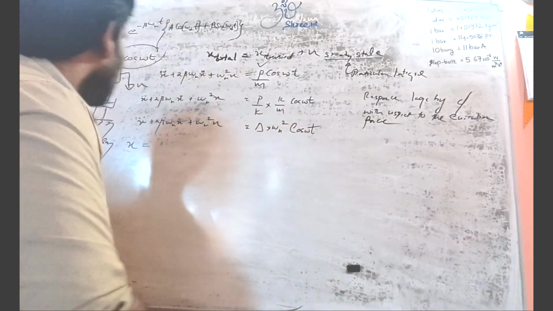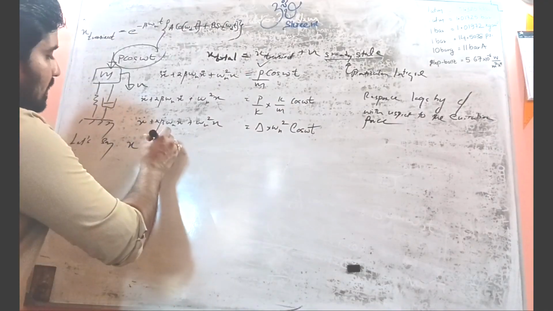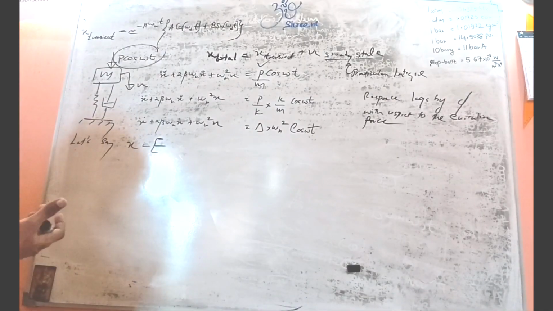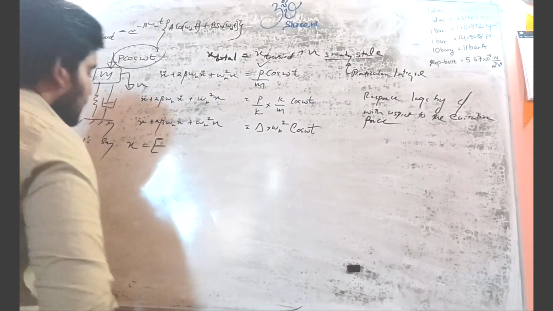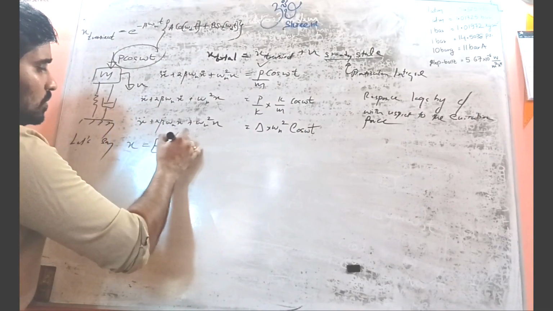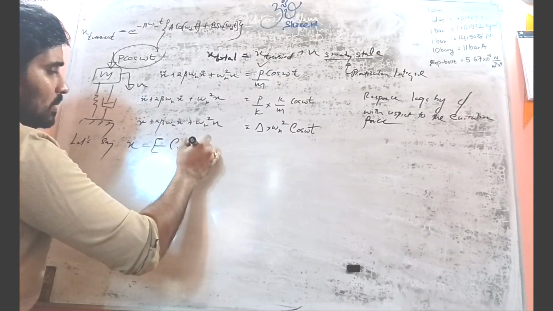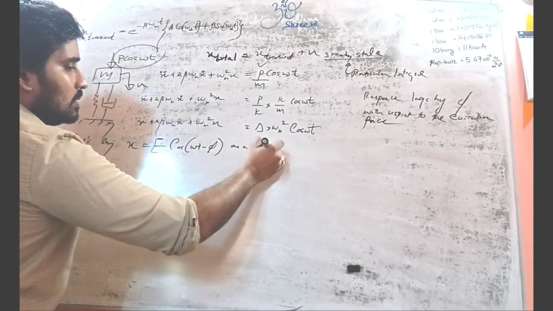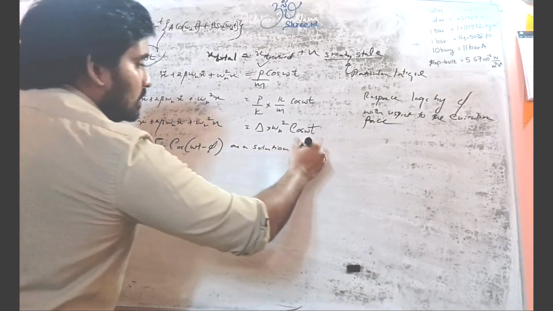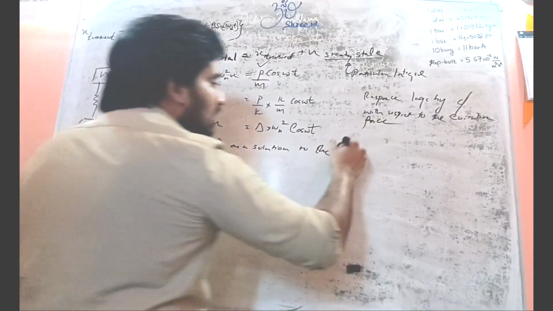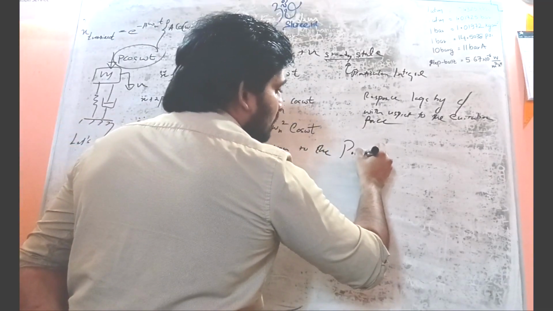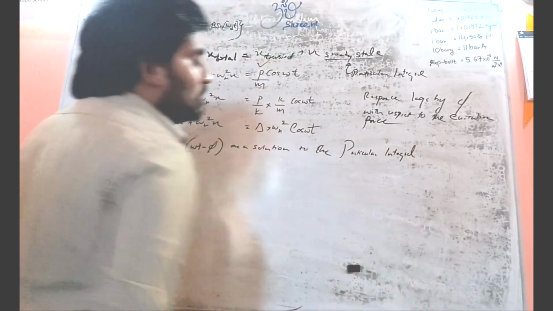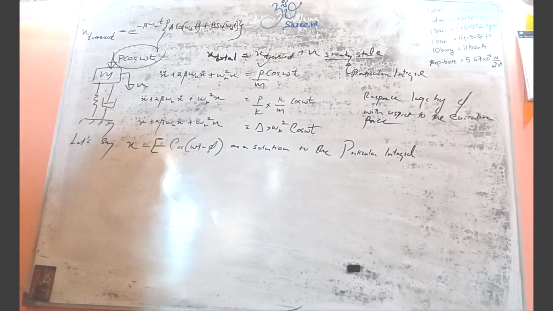We better call it capital E. So let's say this solution x equals E cosine omega t minus phi as a solution to the particular integral. That is a solution to the particular integral. I hope that is clear.